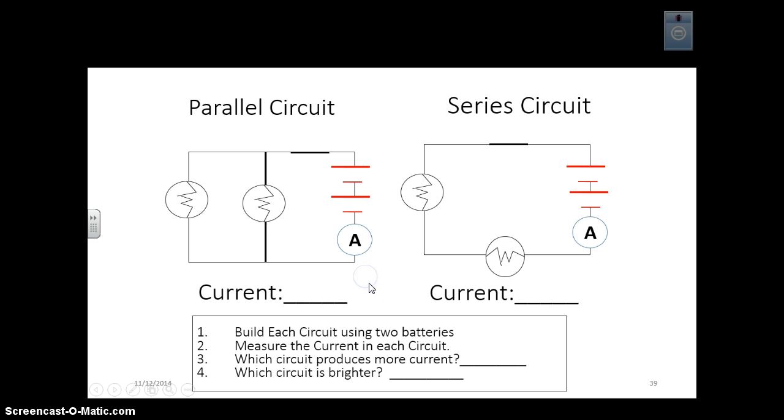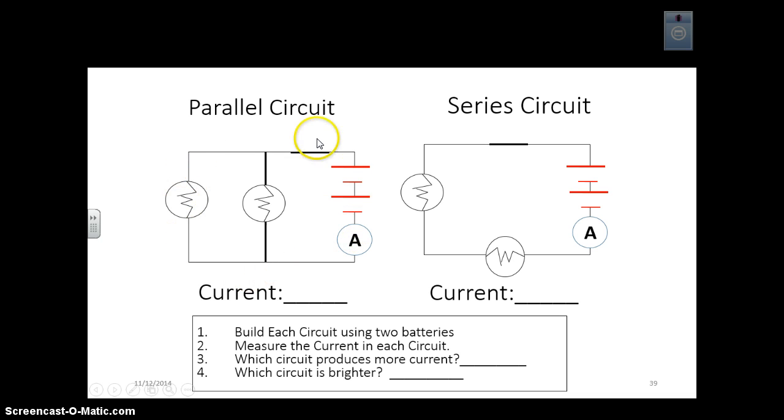So, here is a visual. Remember that these are batteries right here, and these are light bulbs. Notice in the series circuit, and this is measuring current, we have 1 loop. So this makes a different type of circuit than this one. This has 1, 2 loops.